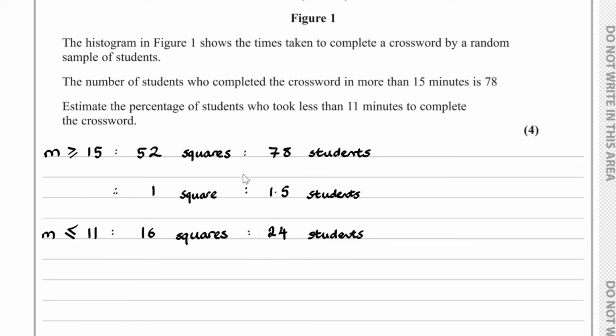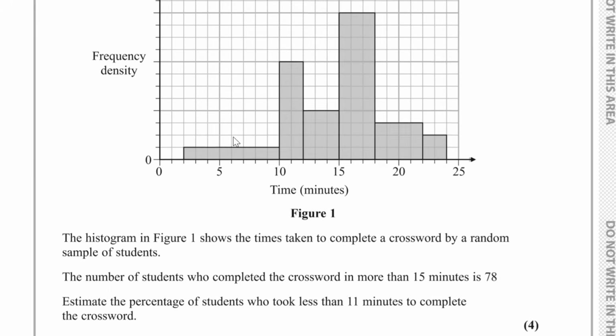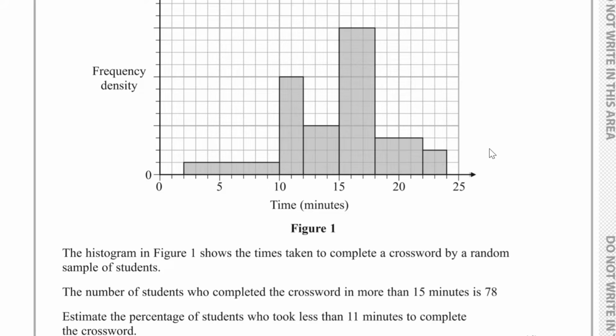And we can do this by, first of all, finding out the total number of students, and from that we can find the percentage. So recognizing that 1 square represents 1.5 students, you can see here between 2 and 10, that's 8 squares.